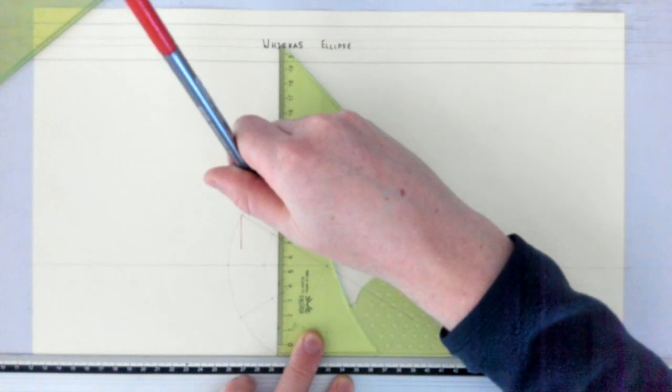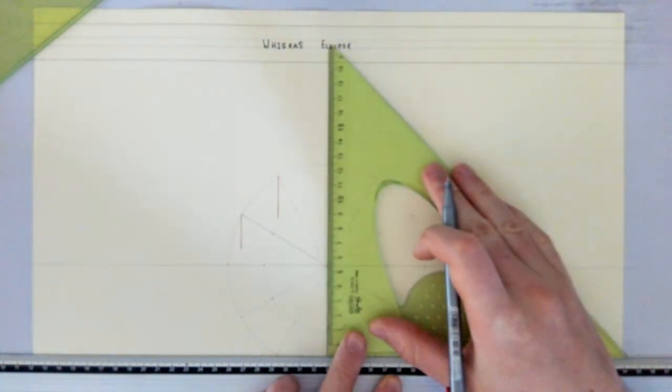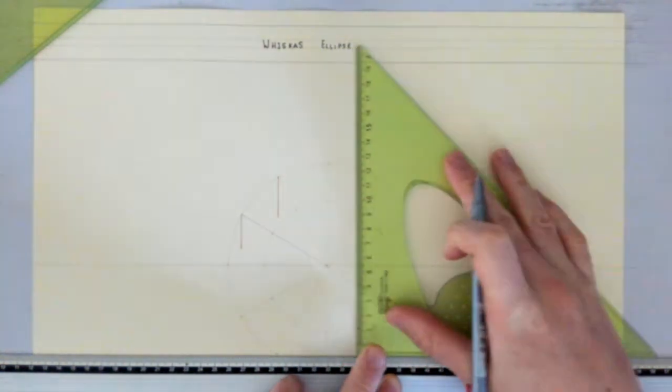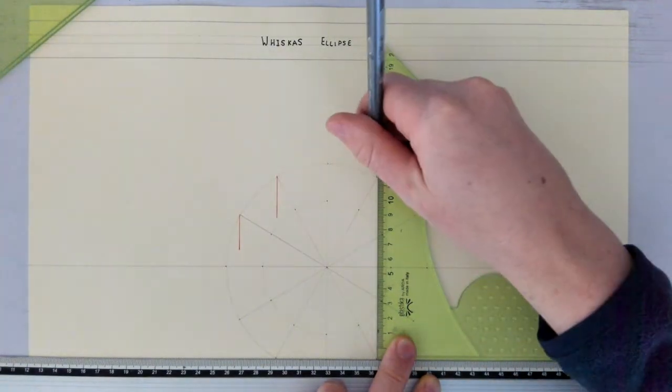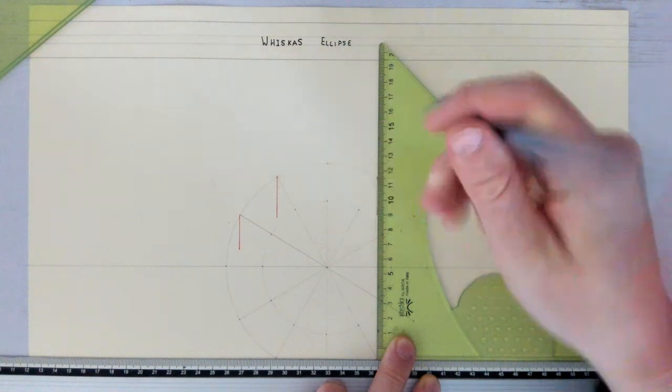Down. Okay, we don't have to drop this one down. Down.